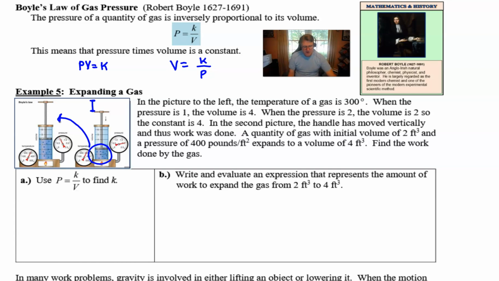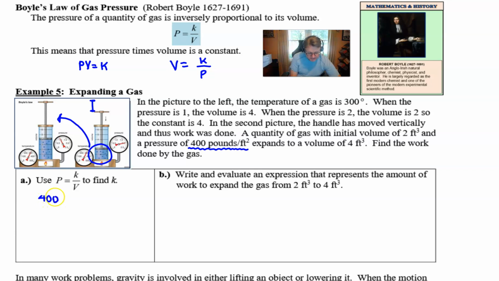So for our first part, use the pressure equals constant over V to find the constant. In our problem, we have to recognize what our pressure is, and that pressure is 400 pounds per square foot. Now, we are using these imperial units. We're not using metric units here, so we need to be comfortable with that.